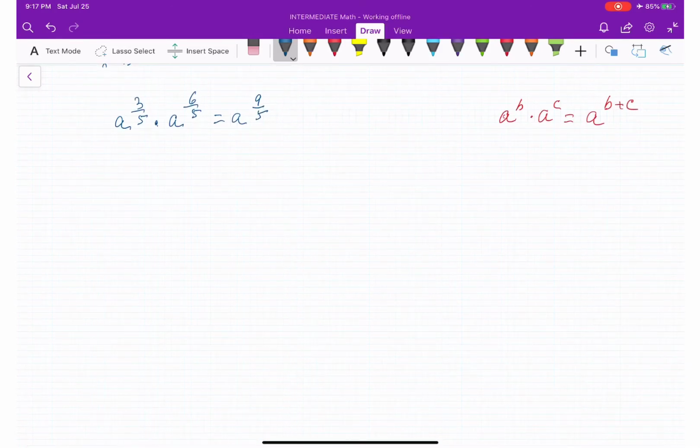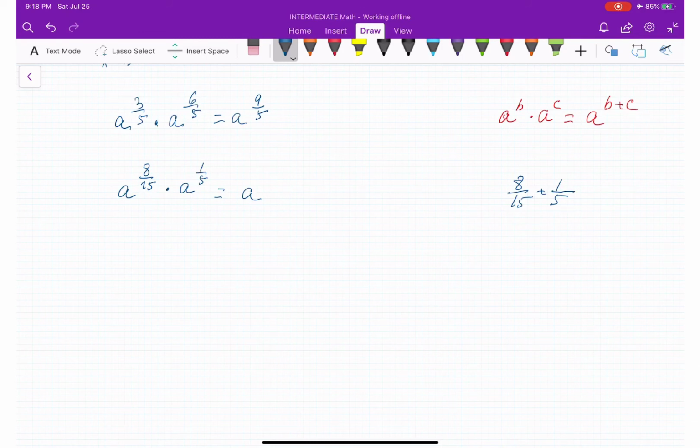Next, a to power 8/15 times a to power 1/5. That's going to be equal a to power 8/15 plus 1/5. So common denominator is 15.